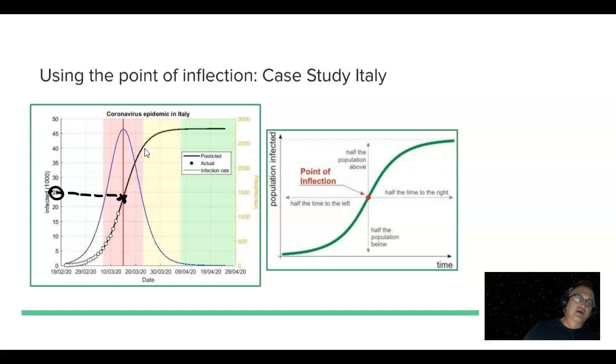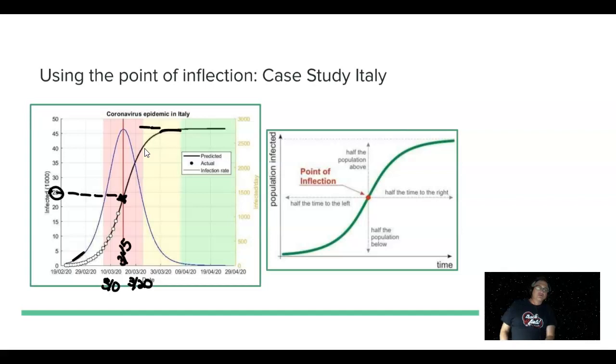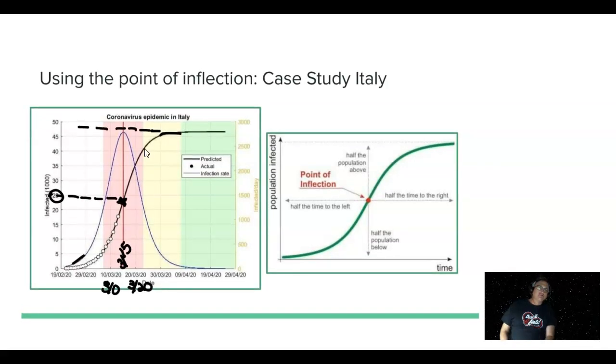Now that's 25 times 1,000, so that's 25,000 infected, and that looks like it's around March the 10th. So somewhere between March the 10th and March the 20th, like maybe March the 15th, that's where it started to go from exponential growth to logistic growth. So if we go up to here and we see where it's leveled off, it should be about twice that, and it is pretty close at about 50,000.